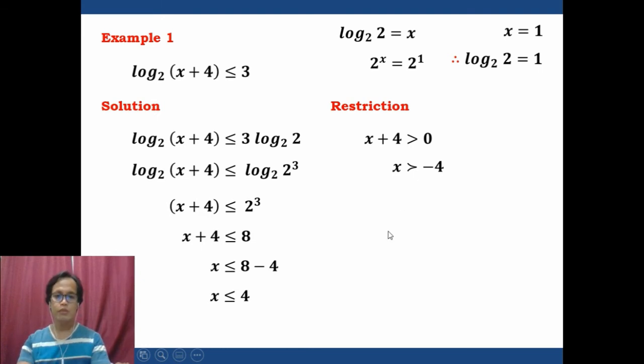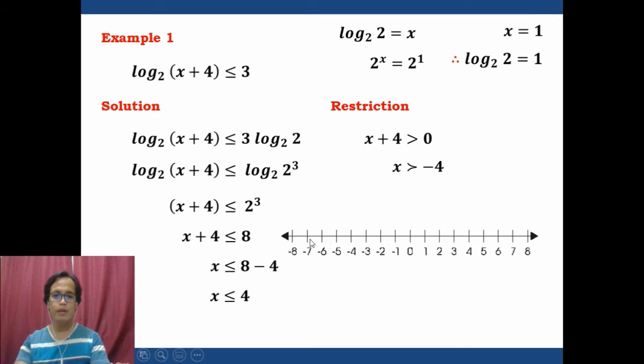We illustrate first that x is less than or equal to 4. Take note, this is less than or equal to 4, so we will use a solid dot here, meaning a shaded point because of the equal. That means that 4 is part of the solution set.